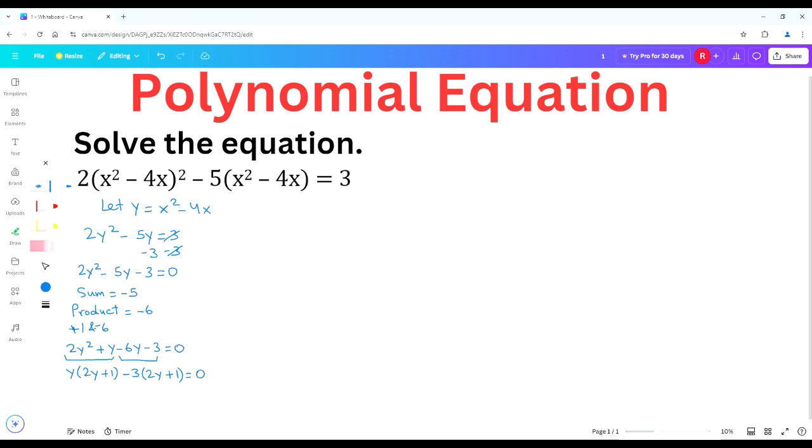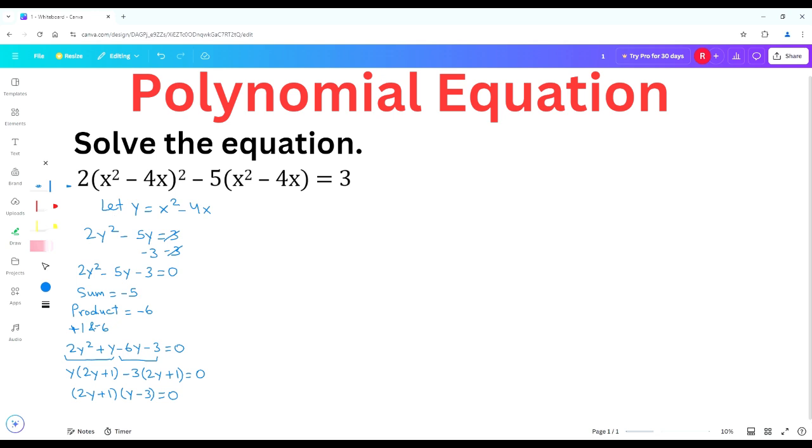Next, we can factor out 2y plus 1 from both terms. So this is the factored form of the equation.